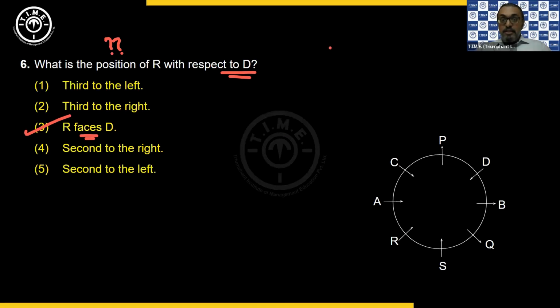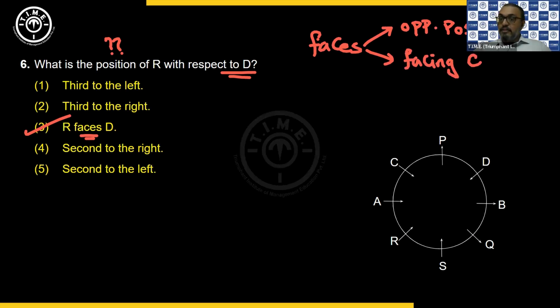Correct. So always remember, faces should satisfy two things. One, opposite positions, and second, facing center. These two compulsorily should satisfy. Then only I can say faces. You cannot say C and Q face each other or A and B face each other.